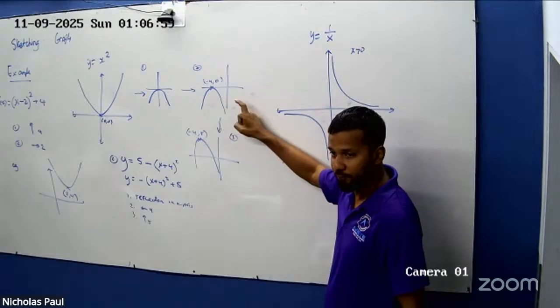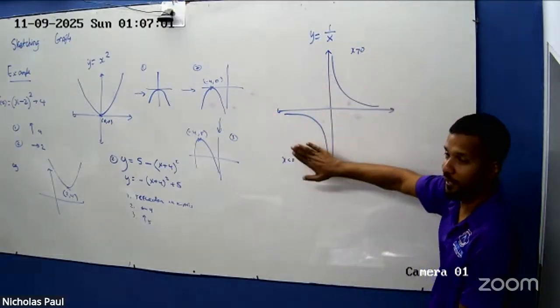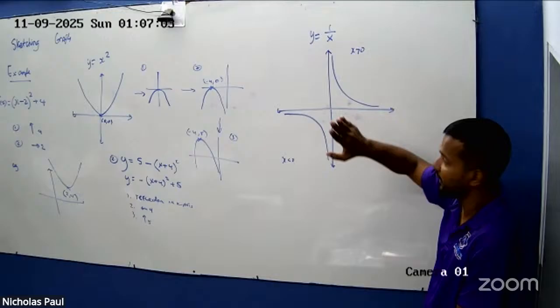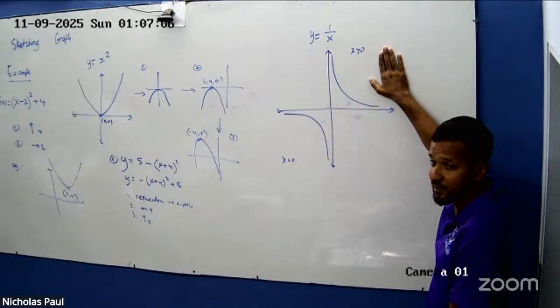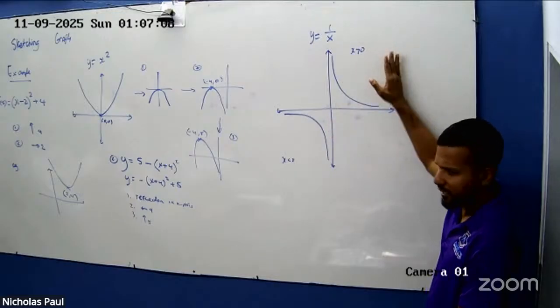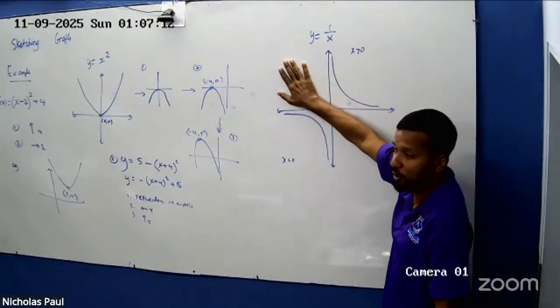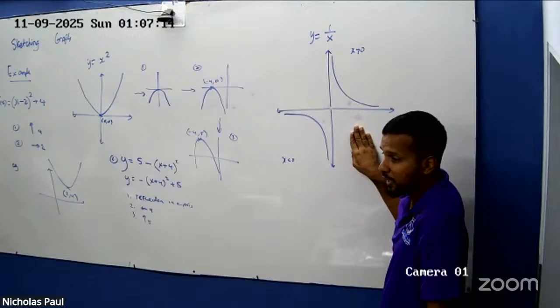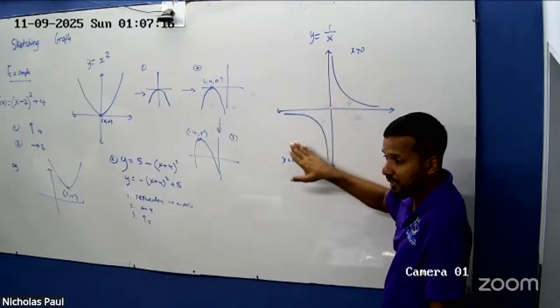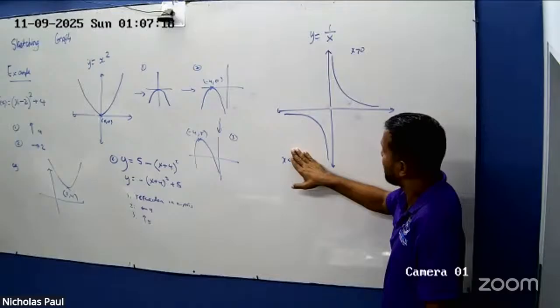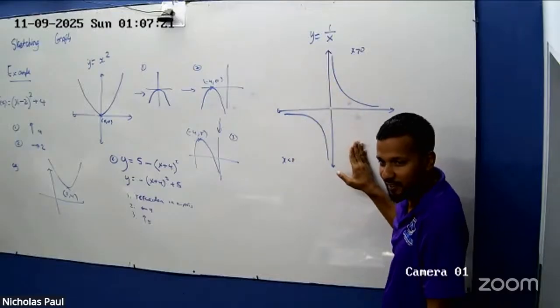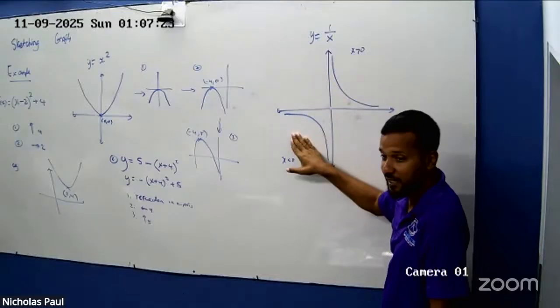It doesn't exist in the 2nd and the 4th quadrants. It exists in the 1st and the 3rd.